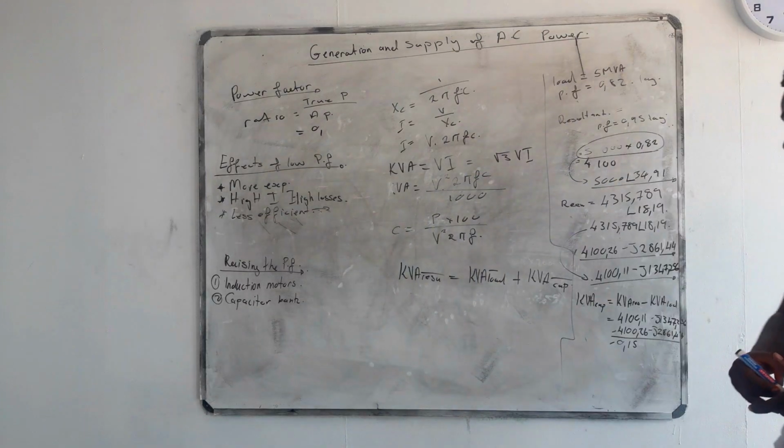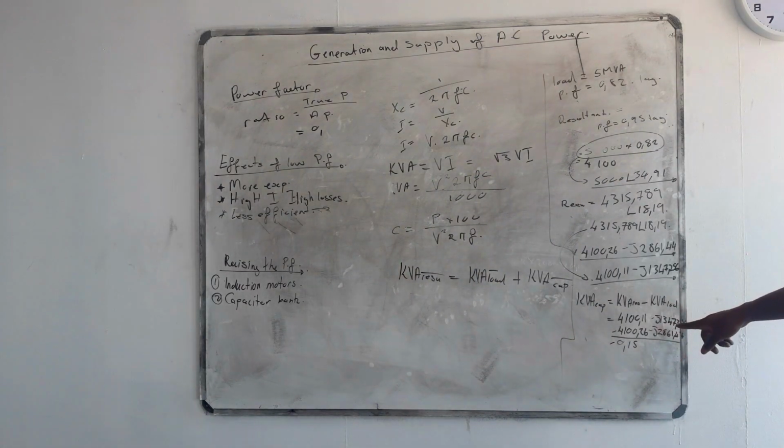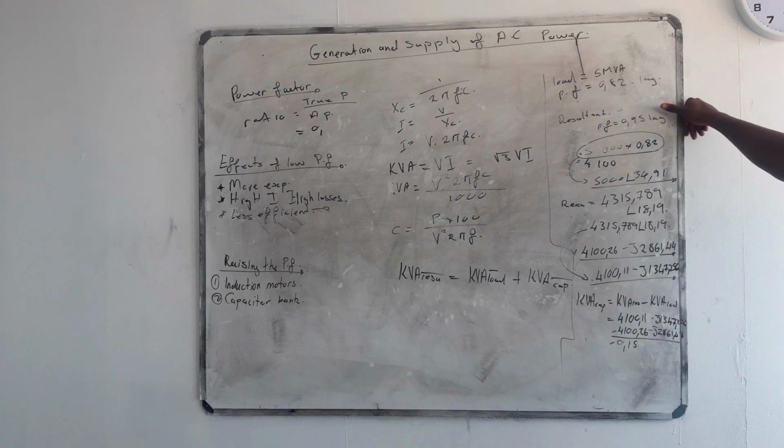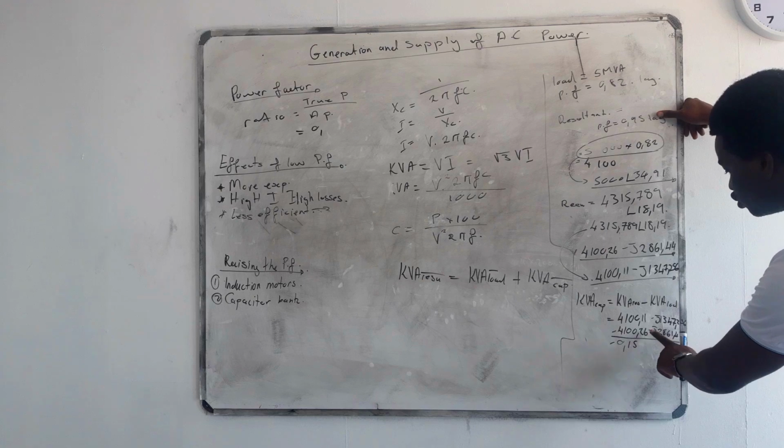Now we're subtracting, right? So it's going to be negative 1347.256. Can you type it in for me? Negative 1347.256. Now we are subtracting, so minus and minus is going to give us a plus.